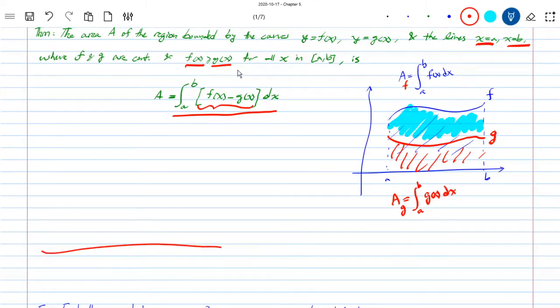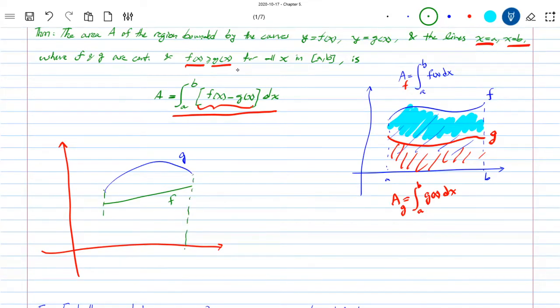So for example, let's say this is g and f was this one, and you wanted to calculate the area between the two functions, this area from a to b.